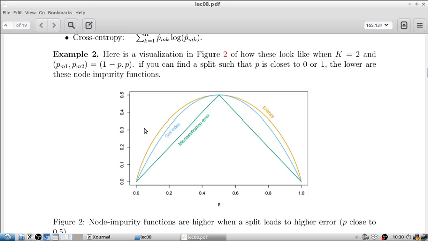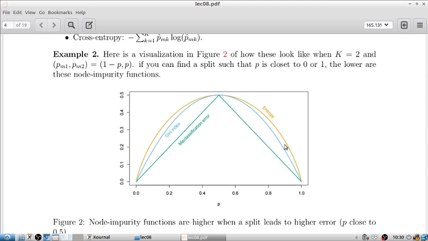So for example, here if p hat happens to be 0.2, you're giving a higher loss value. You're not happy with that, so you really want p hats to be either very close to 0 or very close to 1. That would be the intuition for choosing a loss.